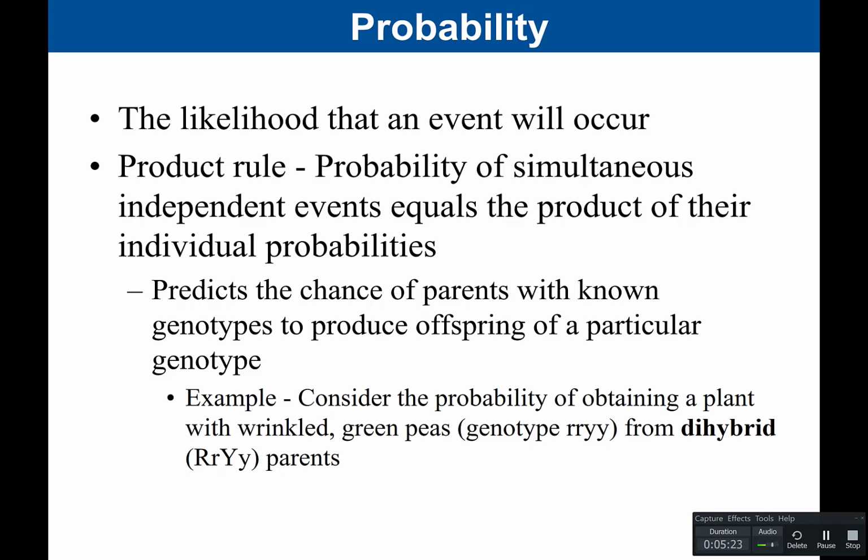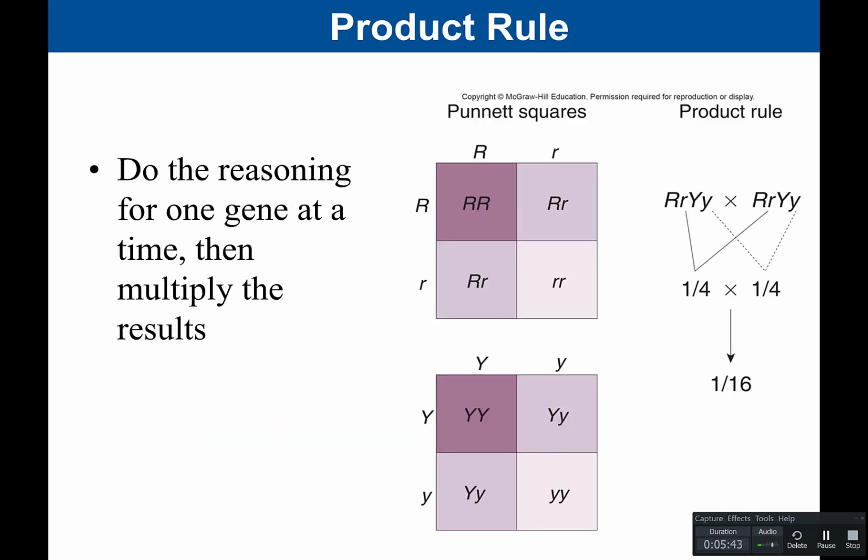So if we have these dihybrid parents, and they are big R, little r, big Y, little y, and we wanted to calculate the probability of getting wrinkled and green, we could treat those as independent events and then multiply those probabilities together. So this is an example of this. So here we have our heterozygous individuals, big R, little r, big Y, little y.